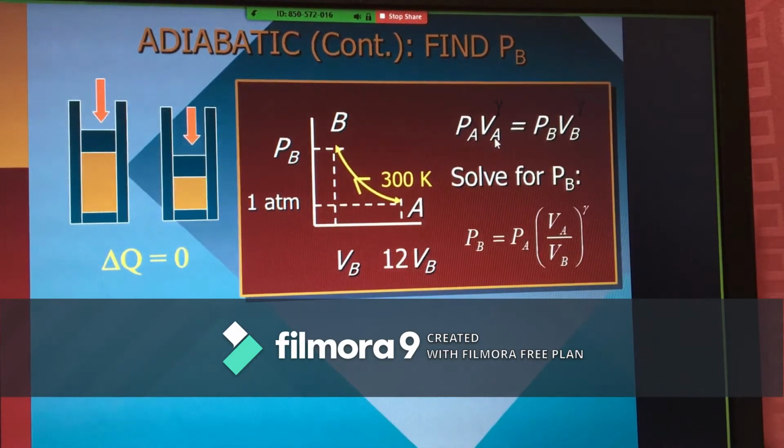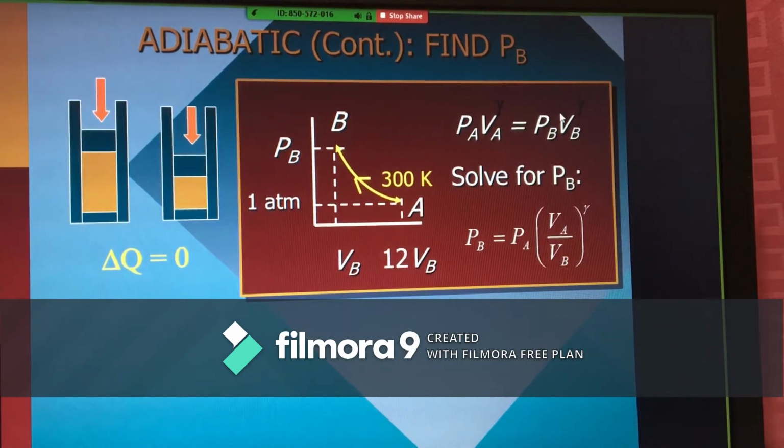So from this formula, manipulate this, divide both sides by V raised to power gamma, then we have this expression, PB equal to PA raised to VA over VB. So both of the volumes are raised to a gamma. So you can put them together and raise the ratio to a gamma.